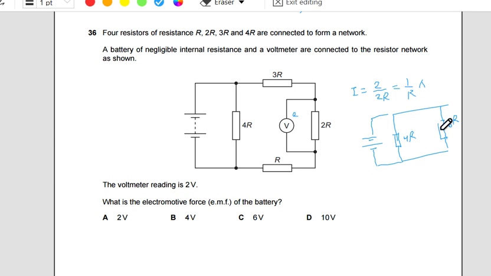So 4R and 6R have the same potential as the battery, and we have the current that flows through the 2R, which also flows through 3R and R, in this branch. This current times the total resistance in this branch will give us the potential across this branch, which is again the same as through the other branch and through the battery. So it is 1 over R times 6R. Okay, this gives us 6 volt.